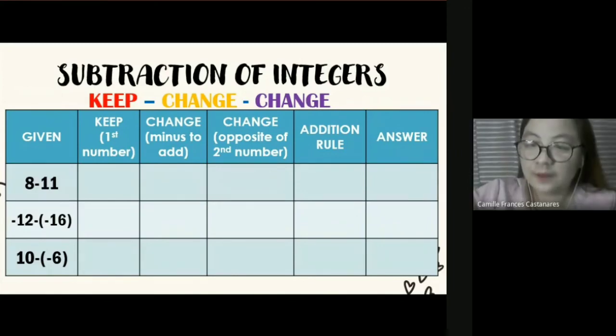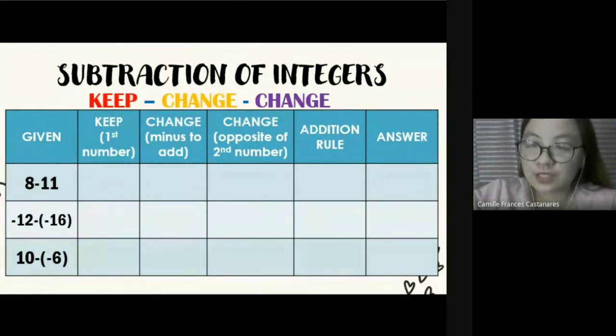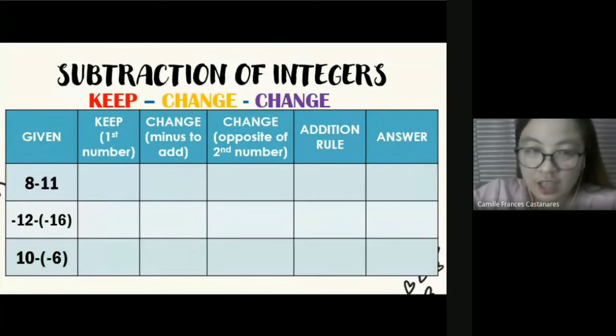Okay, Buban. So our given is 8 minus 11. What will we put here in keep? Where's Buban? Maybe he is chatting. What will we put, Buban? Where's Buban?